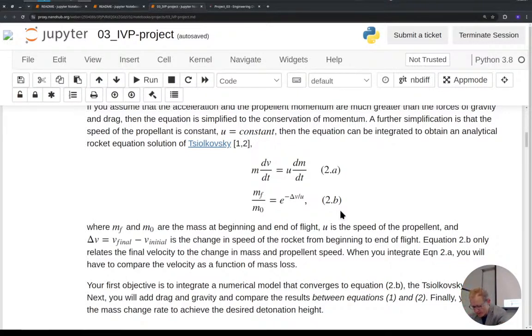So this is showing that relative mass, your current mass divided by your initial mass, is always some e to the v. So the log of your mass is your change in velocity.